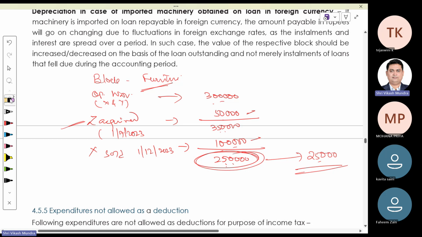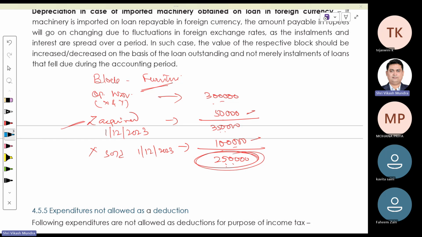How shall your answer differ if this asset is acquired on 1st December 2023 instead of 1st July 2023? Please suggest what should be the amount of depreciation in this situation. Please write.